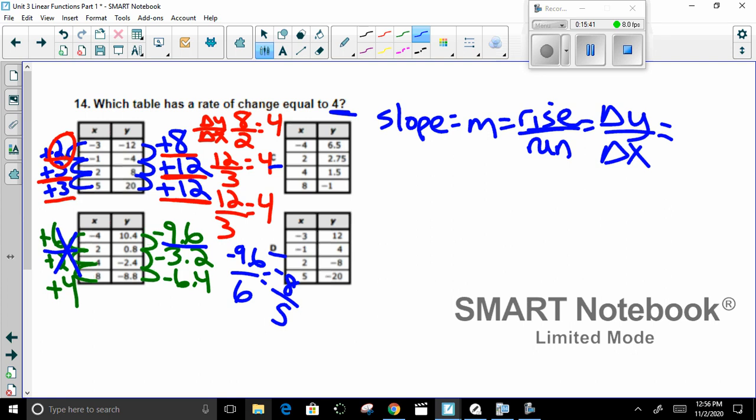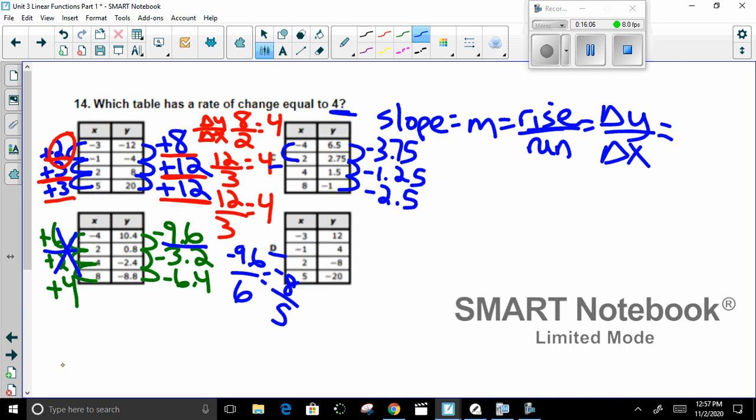So 6.5 to 2.75. Obviously, I'm subtracting something. I'm subtracting 3.75. 2.75 to 1.5, I'm subtracting 1.25. And 1.5 to negative 1, I'm subtracting 2.5. So my change in y is all different.